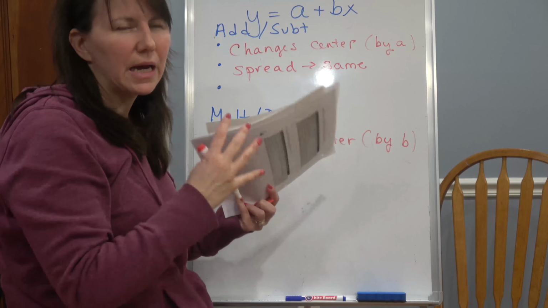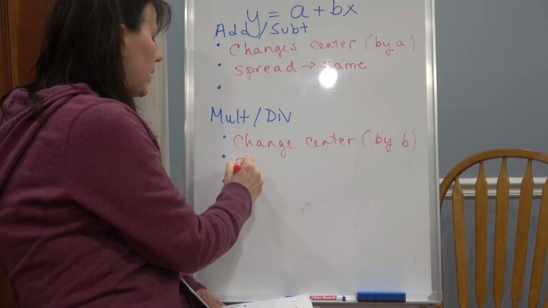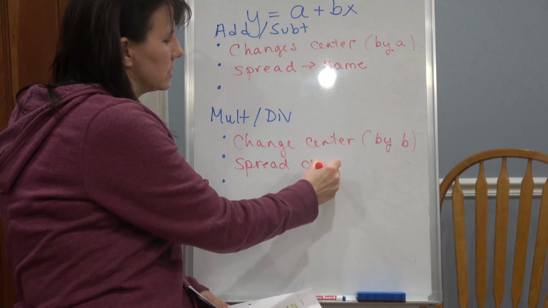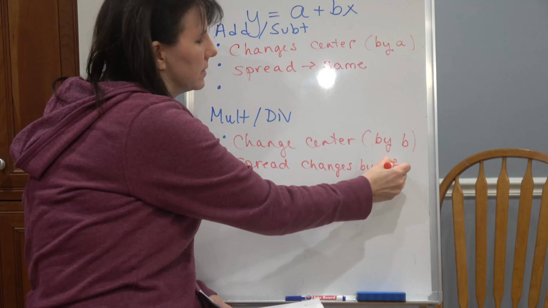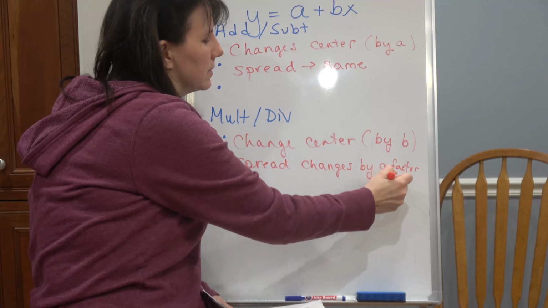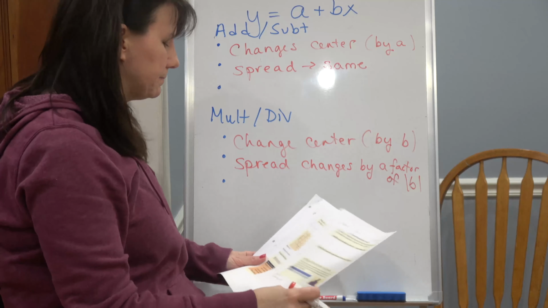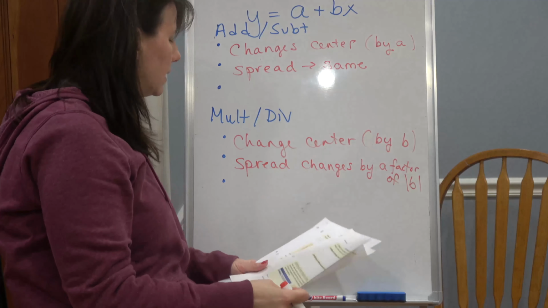So it's not a uniform change. And so the spread will change by a factor of b, and it's going to be the absolute value of b, because it can never be negative. So if b were negative for some reason.